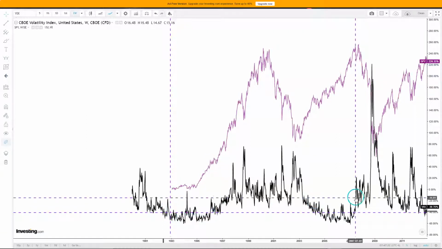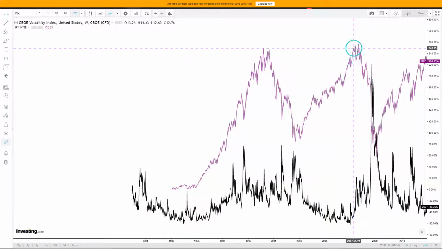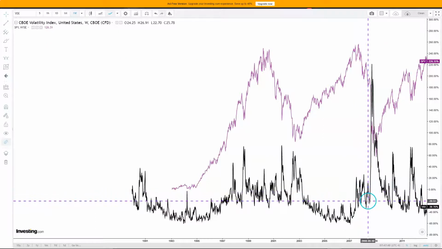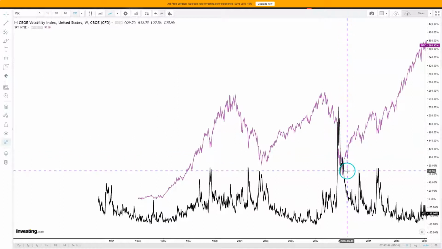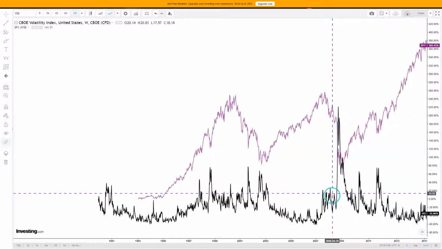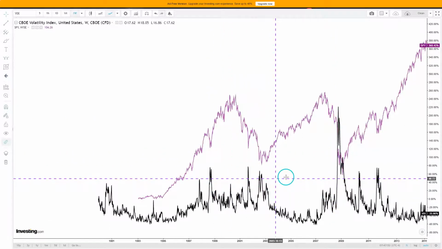So you can see that there is this trend. And then when we get into the later part of that bull market, you can see that the VIX gradually started to pick up before we had that waterfall crash during the housing bubble. And during the housing bubble, we can see here that the VIX spiked far more dramatically than it did during the dot-com bubble.